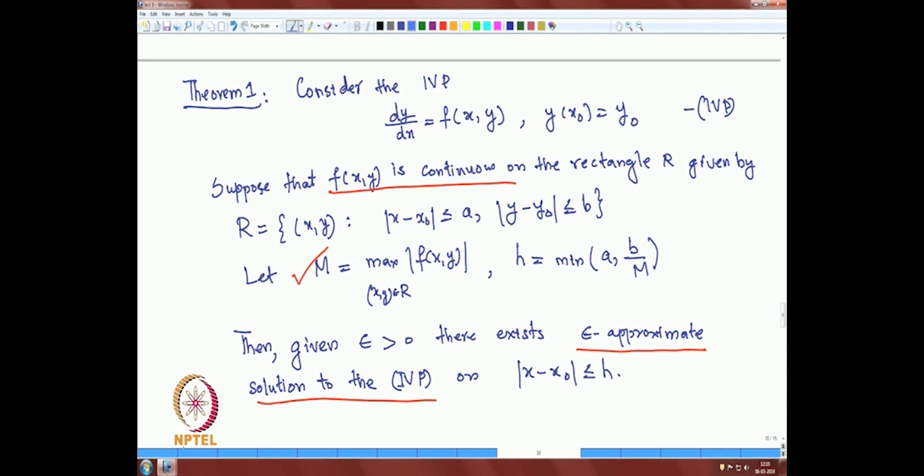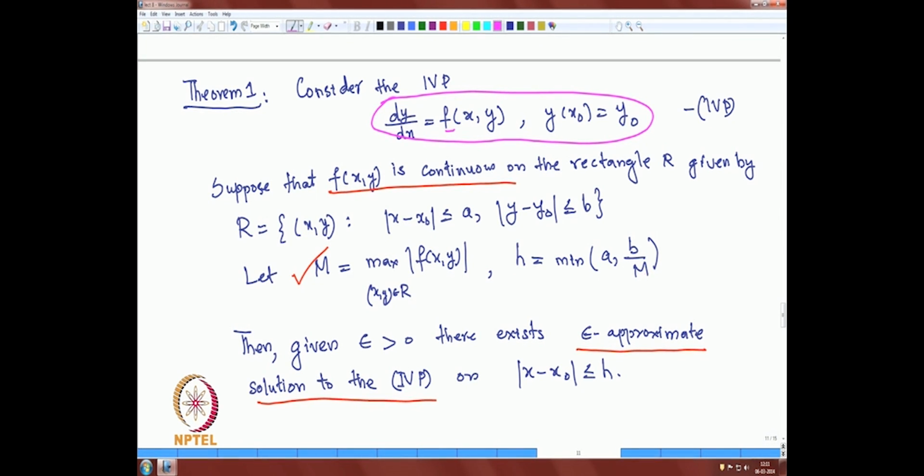Consider an initial value problem dy/dx = f(x, y) with the initial condition y(x0) = y0, where the function f is continuous on a rectangle defined by |x - x0| ≤ a and |y - y0| ≤ b, and we take some constants: M is the maximum value of f in the rectangle, and h is the minimum of a and b/M.